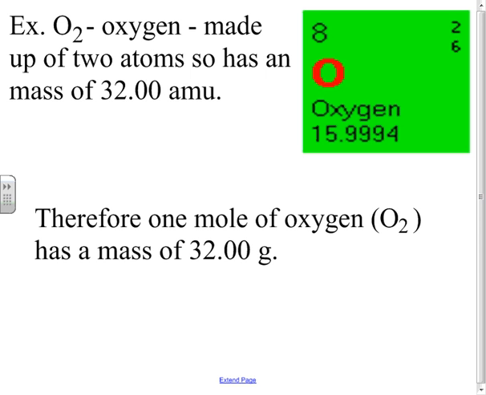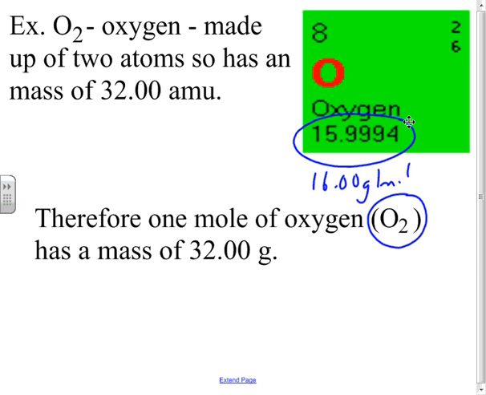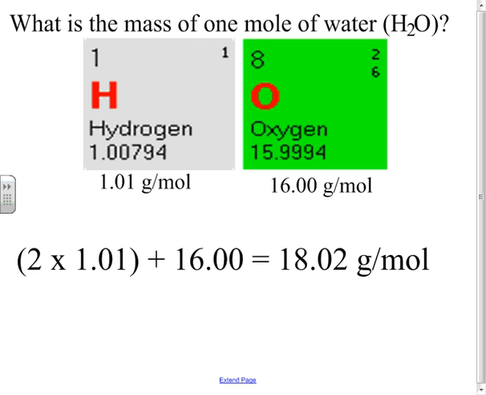If you have a compound, now you simply have to add the atoms together. So 1 oxygen atom has a molar mass of 16.00 grams per mole. And if oxygen is O2, we're just going to multiply that by 2 to get 32 grams per mole. If we have water, water is made up of 2 hydrogen atoms and an oxygen atom.